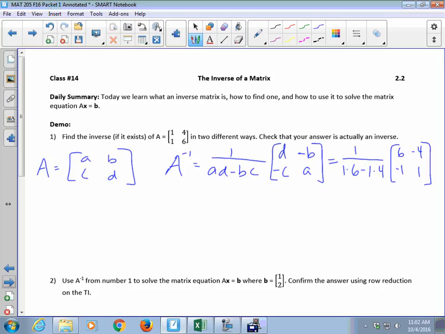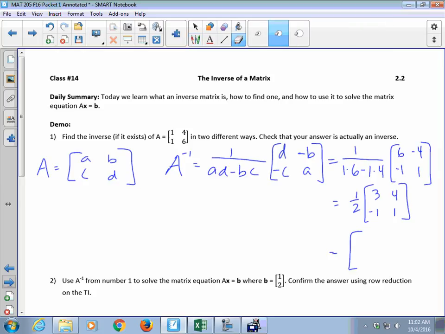And I end up with 1/2 times 6, negative 4, negative 1, 1. Oops, I jumped ahead there. That should be a 6. All right, then I have 3, negative 2, negative 1/2, 1/2.